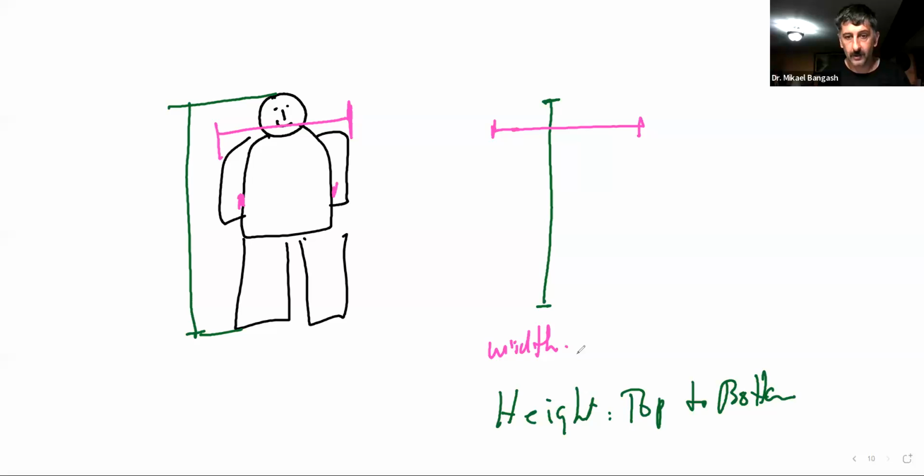Or even if they extend the arms out like this, that's going to be the width to width, or fingertip to fingertip. Could be the width. Did that make sense? So we can say that width is going to be equal to side to side.